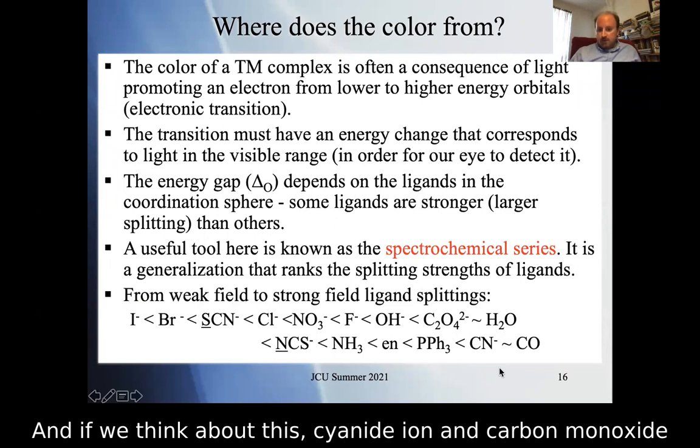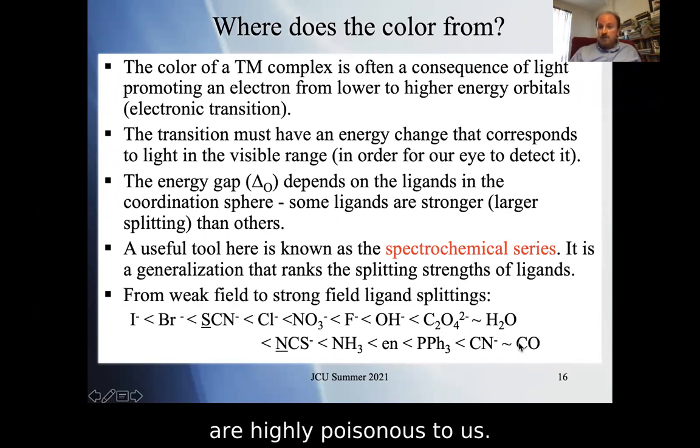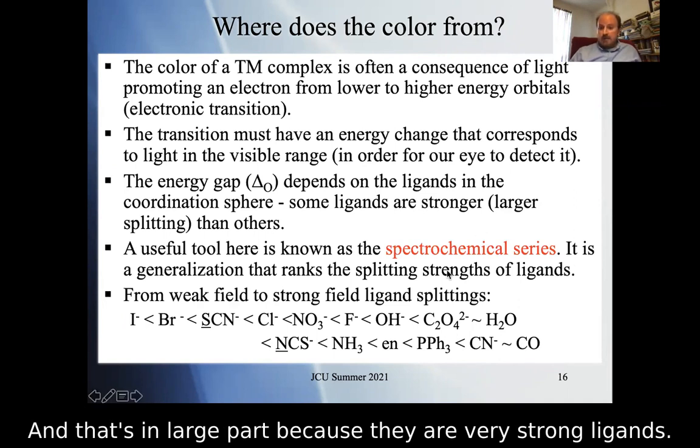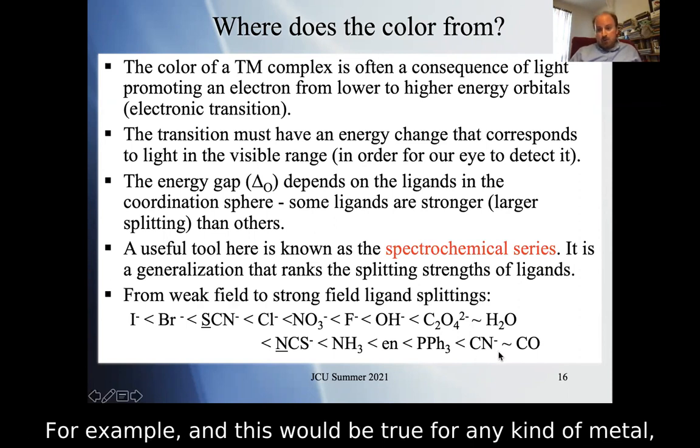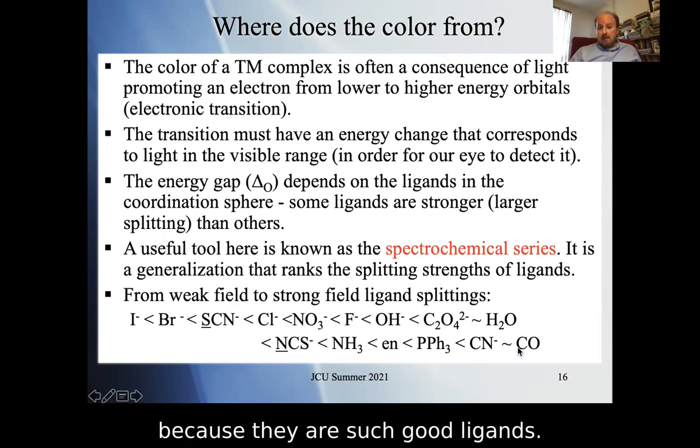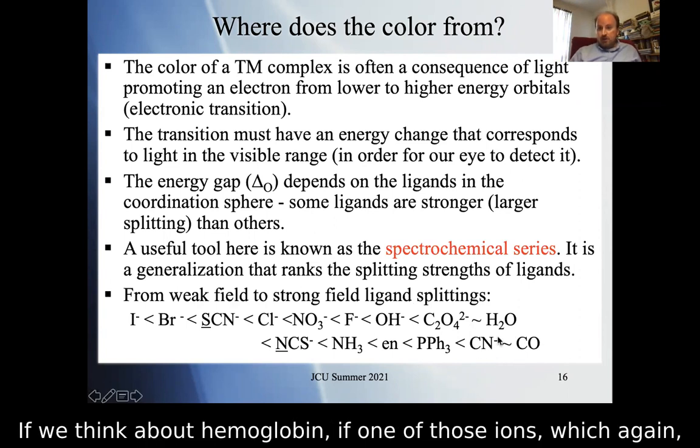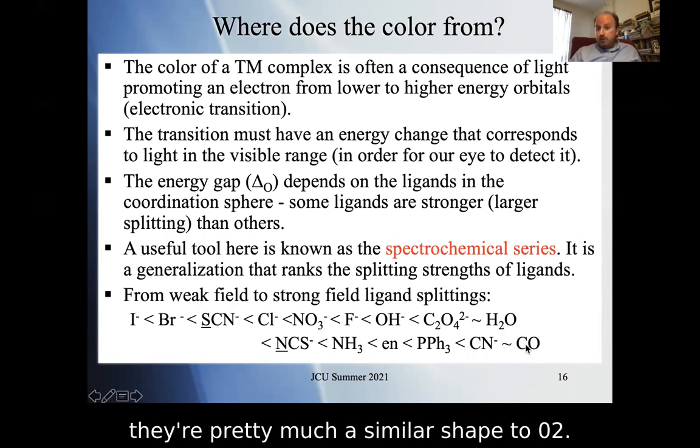And if we think about this, cyanide ion and carbon monoxide are highly poisonous to us, right? And that's in large part because they are very strong ligands. This would be true for any kind of metal, because they are such good ligands. If we think about hemoglobin, these ions are pretty much a similar shape to O2.